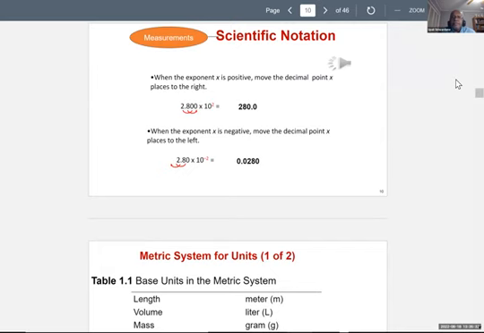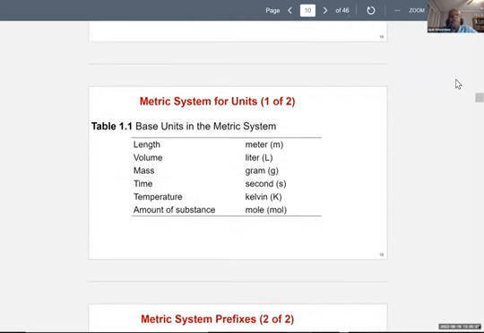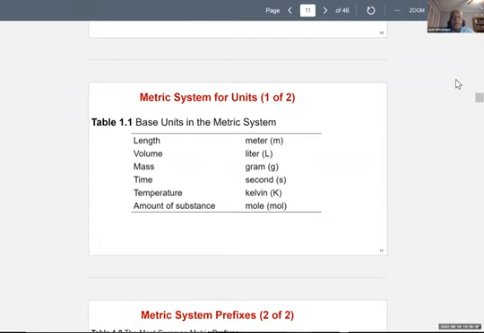You move the decimal place. So we talked about that. These are the 6 base units in the metric system. They are meters, liters, grams, seconds, Kelvin, and moles.